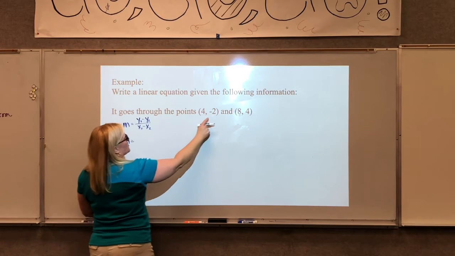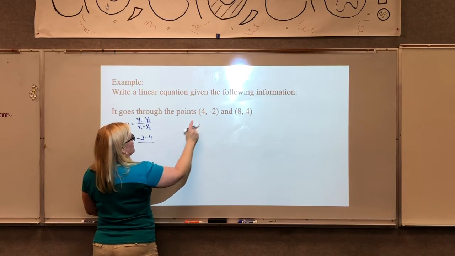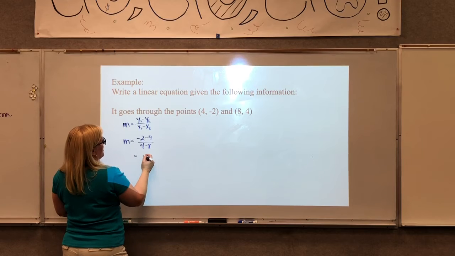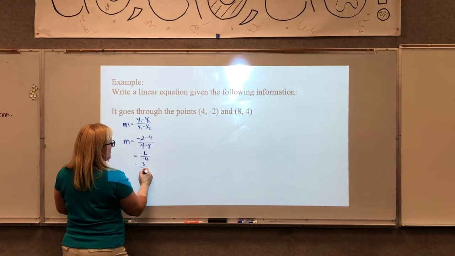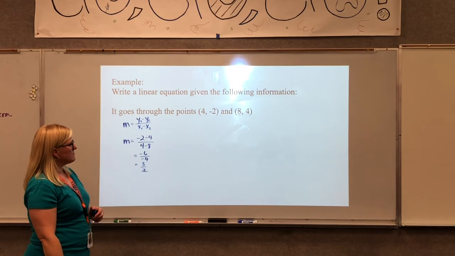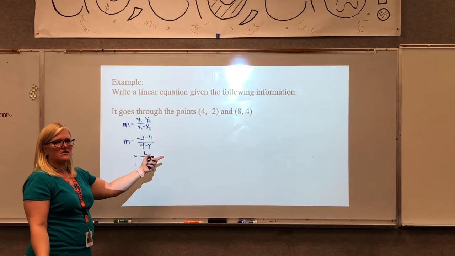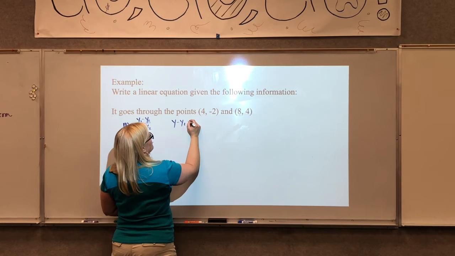So I'm going to do negative 2 minus 4, y's on top, and then 4 minus 8. So I get negative 6 over negative 4. So my slope is 3 halves. Now I can use either point with my point slope formula.